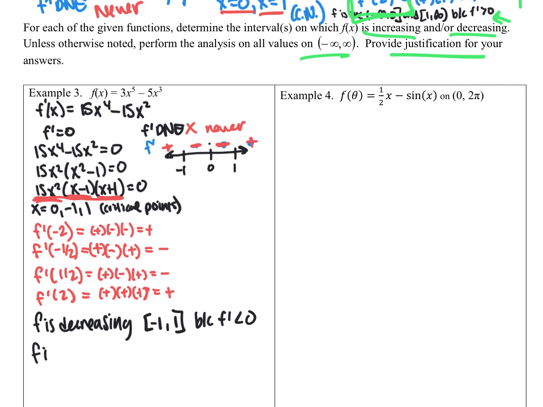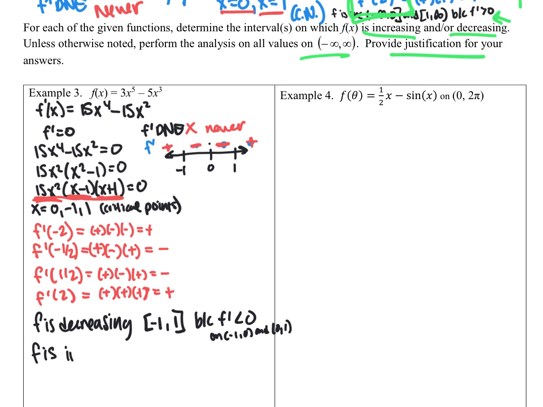You could add that on negative 1 to 0 and 0 to 1, but we kind of are allowed to just leave that out and pretend like we know we're already saying that.